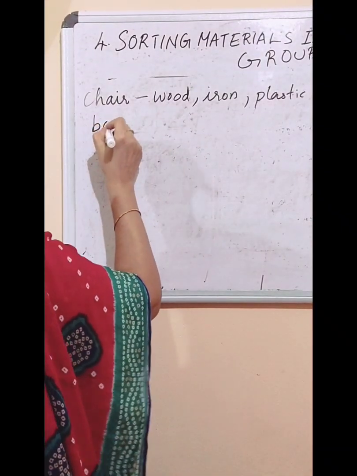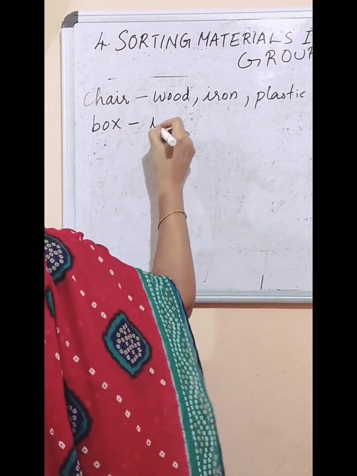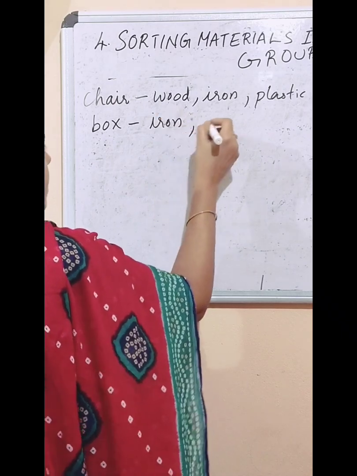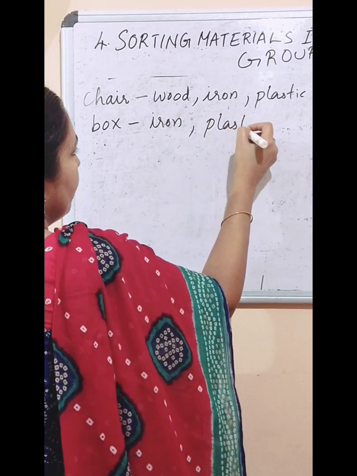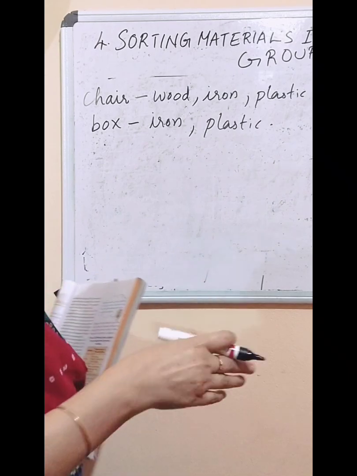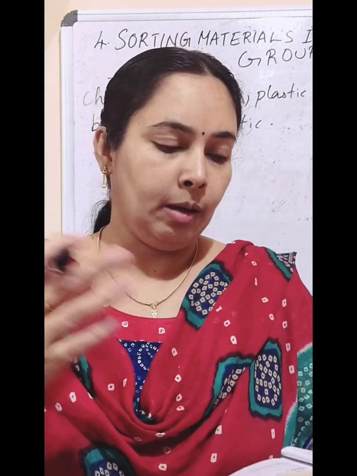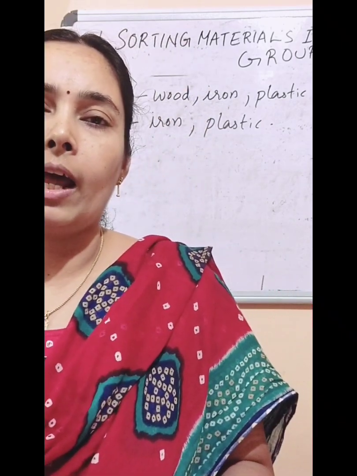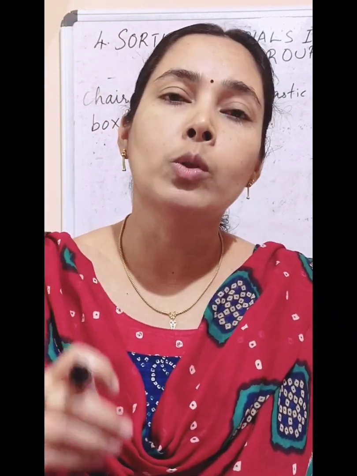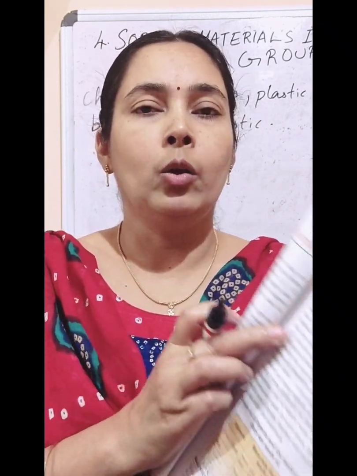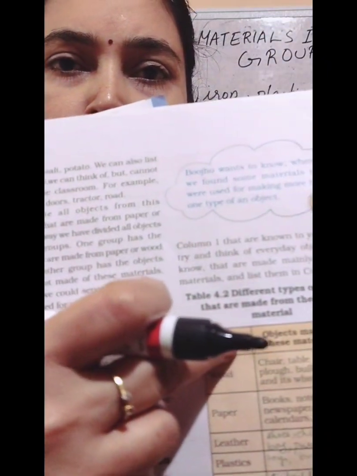You can write one box. Box is made up of what all things? Box is made of iron. Box is made of plastic. Like that, you fill this table. Okay, so write the name of any two objects and write which all materials are used for making those objects. Okay, so you fill that table. Then look in the next table, that is table 4.2.